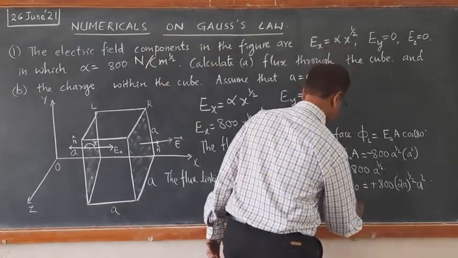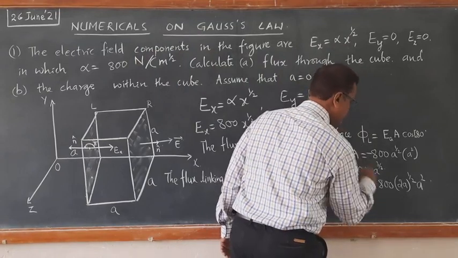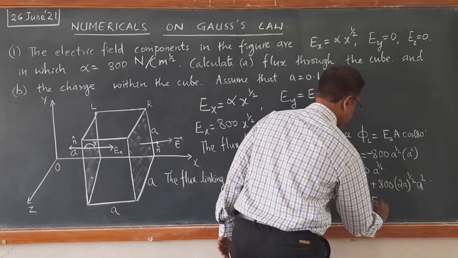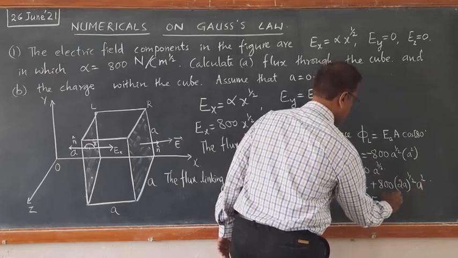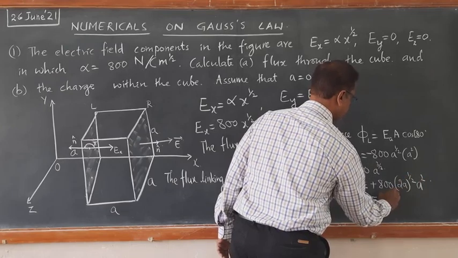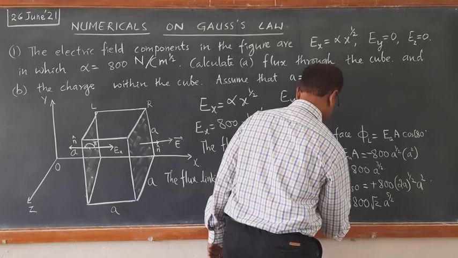Thus it becomes 800 times square root of 2 into A raised to 2 plus half, A raised to 5 by 2. So this is phi R.